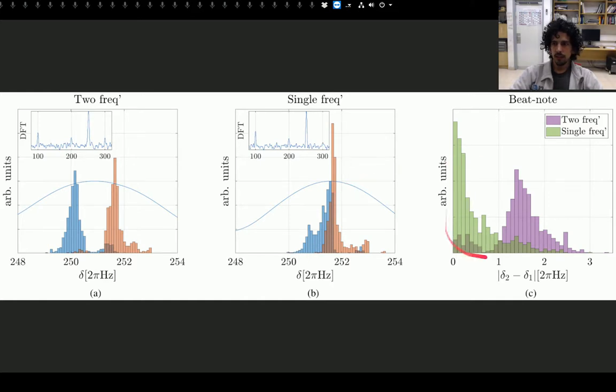And here we can see the same result as a function of the difference in the frequency. If there is a single frequency, we can't say that there are 2 frequencies because the peak is really close to 0. But if there are 2 frequencies, then we can see a distinct peak away from 0, and we can argue that there are 2 frequencies in the data.